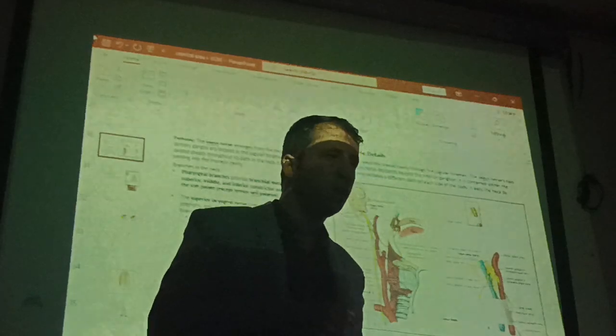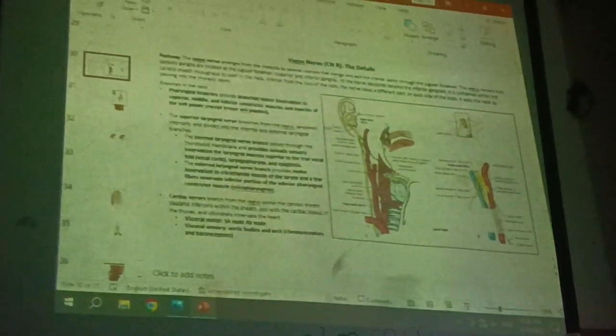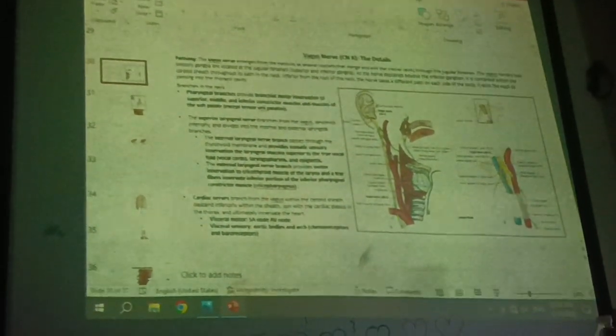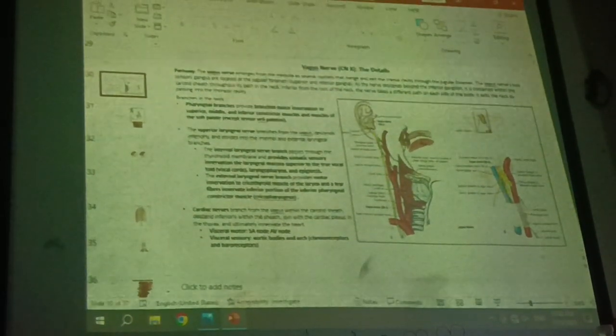Another branch from the vagus nerve is the cardiac branch. The cardiac branch is derived from which ganglion? Inferior. All the branches are derived from the inferior ganglion except two branches, the meningeal branch and auricular branch.